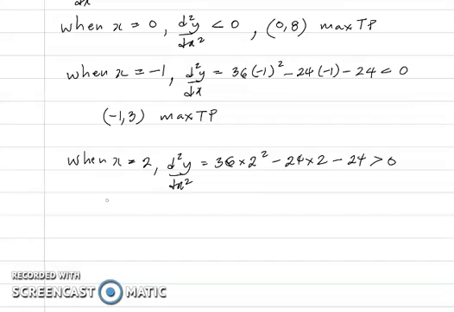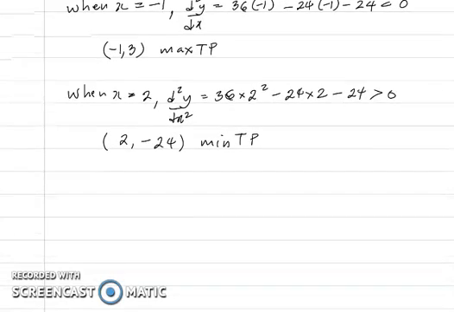So that makes the point (2, minus 24) because if it's greater than 0, it means that it's concave up. So this is a minimum turning point. So at (2, minus 4), the curve concaves up. So (2, minus 4) is a minimum turning point.